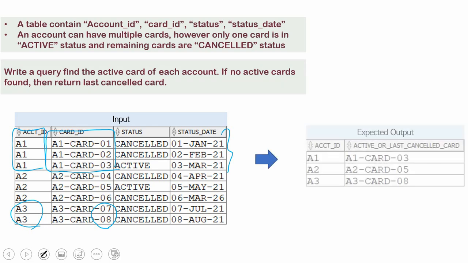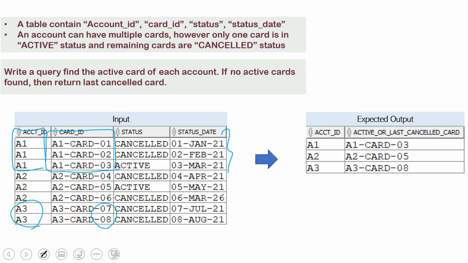So the expected output is, for account 1, the third card is active, so we need to say third. Similarly for account number 2, card number 5 is active, so we need to say card number 5. For account 3, both are in cancellation state, so we need to say the last cancelled card.